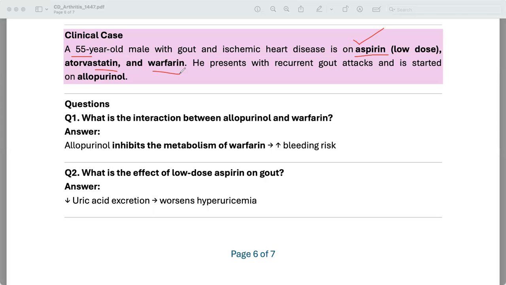And warfarin is the blood thinner to avoid clotting. So aspirin, atorvastatin, and warfarin are the main preventive medications in the management of IHD. If the patient has high cholesterol and triglycerides, to avoid heart attack and stroke, we need to give atorvastatin.